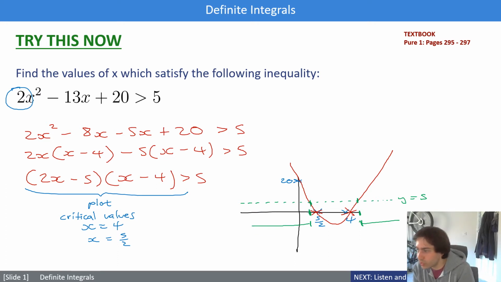And what we could then do is we could solve the equation y equals 5 and 2x squared minus 13x plus 20, when are they simultaneously true, and we'll get our two x values that correspond to those two ranges. Okay, now what we could do is just do that directly in the first place. So I'm not going to do it that method. I'm going to switch now to a more direct method which will answer this question for us.